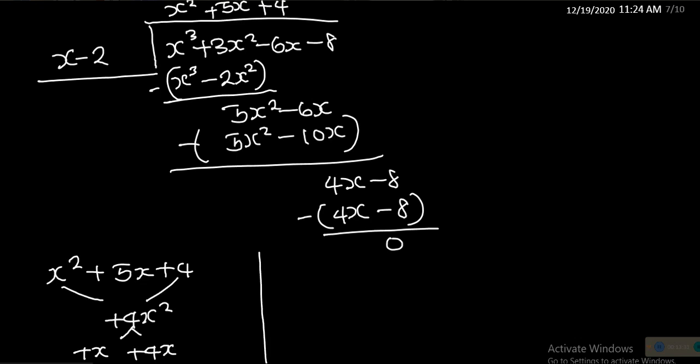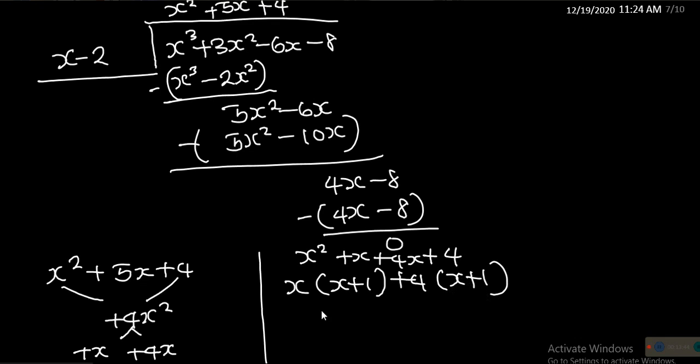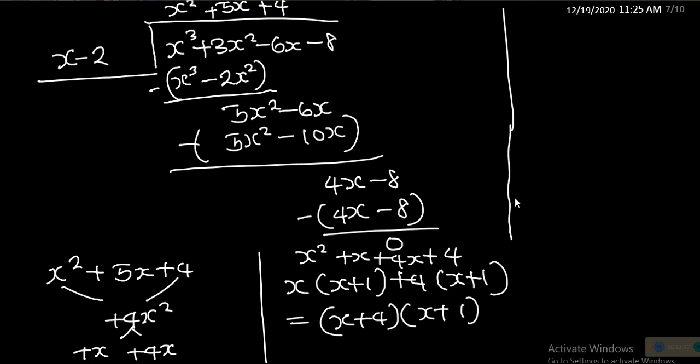So if you factorize this, you have x squared plus x plus 4x plus 4, and that will give you x into x plus 1 plus 4 into x plus 1, which is x plus 4 times x plus 1.